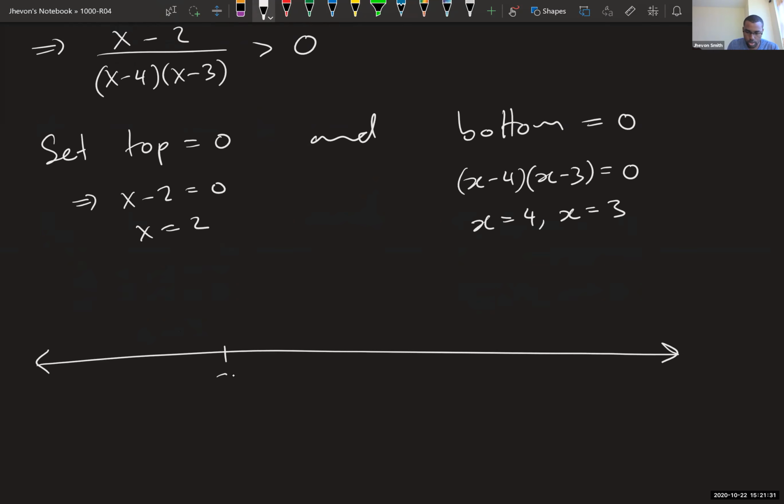So we have 2, 3, 4. Now we're not allowed to be 3 or 4 because they make the denominator 0. So we have to avoid those. But we're also not allowed to be 2 because we have a strict inequality. So we can't be equal.